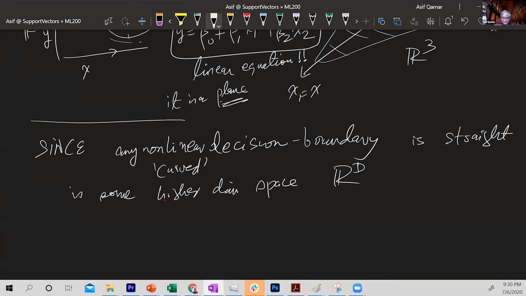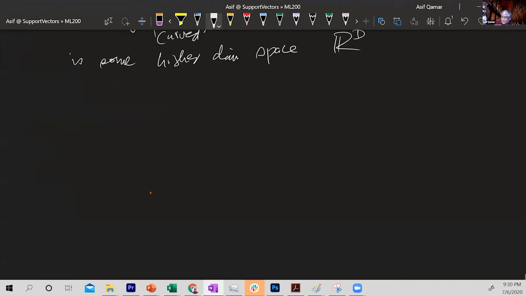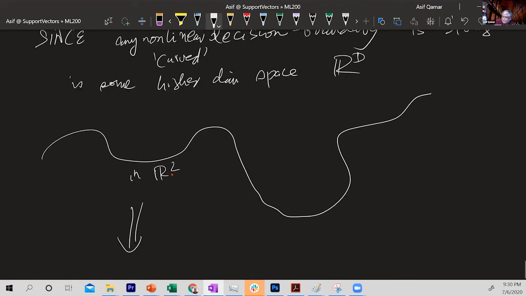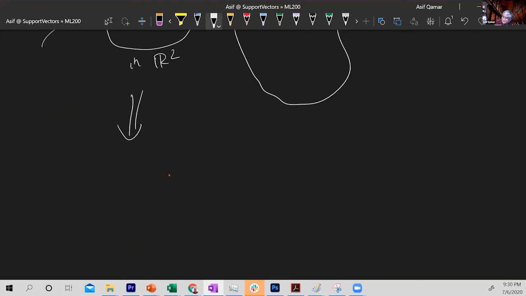Now, think of the river. So what it means is that our meandering river, this river that goes like this in R2, becomes a nice, simple, straight river. Do you see that, guys?